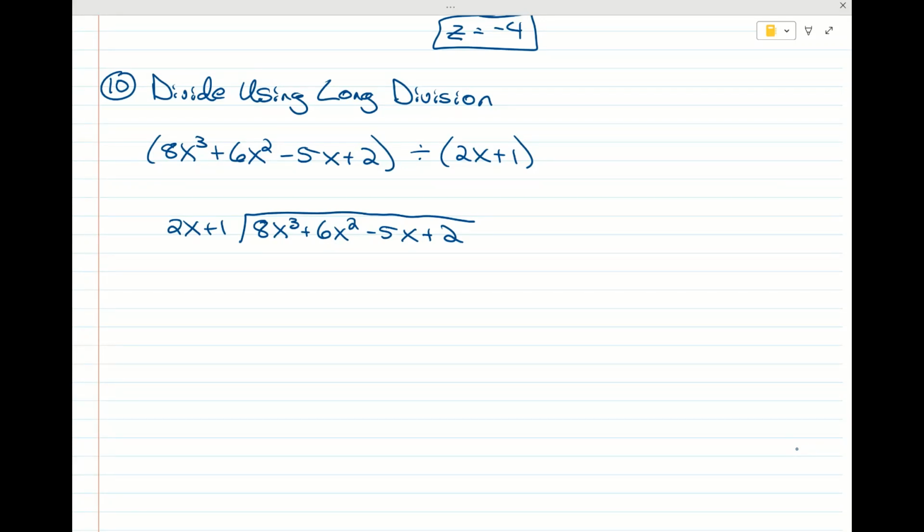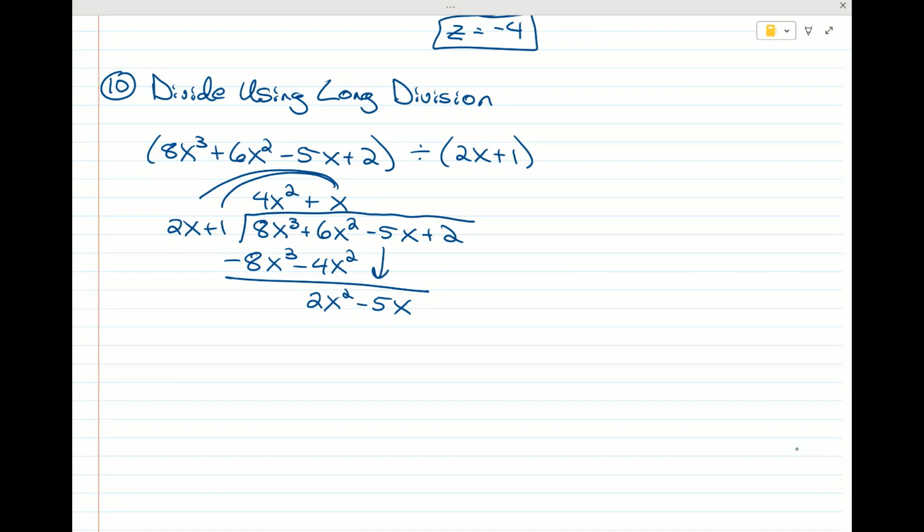Remember, when we multiply, we have to change the sign also. So 2x times 4x squared gives me 8x to the third, and then 4x squared, but like I said before, we have to subtract or change those signs. And the process starts over with 2x squared, and then bring down the negative 5x. 2x times x gives us 2x squared plus x.